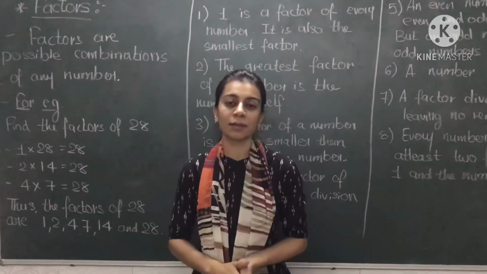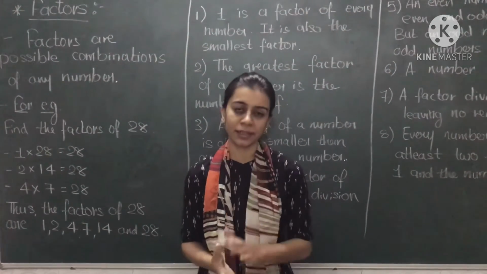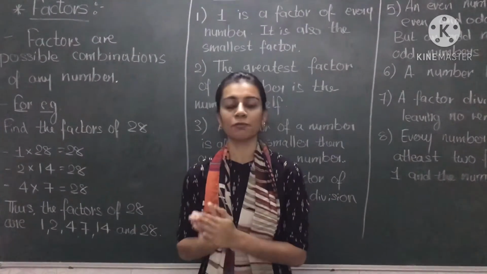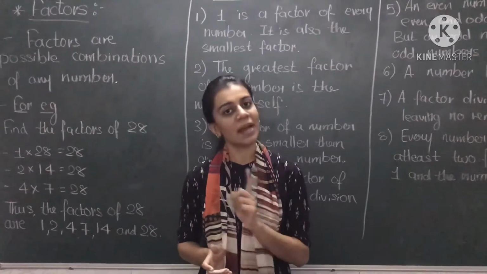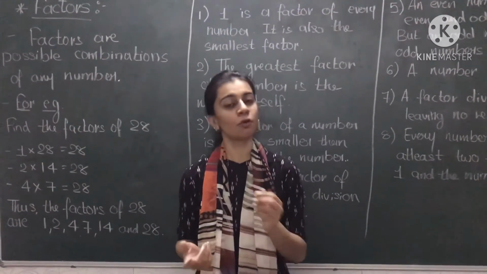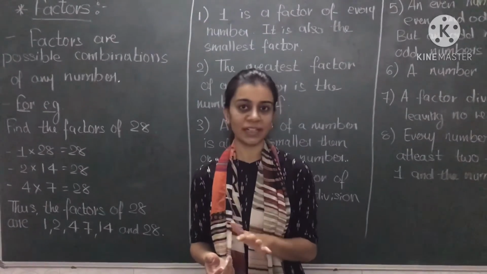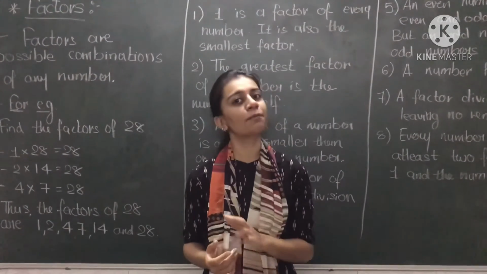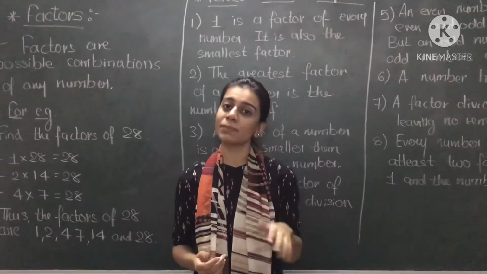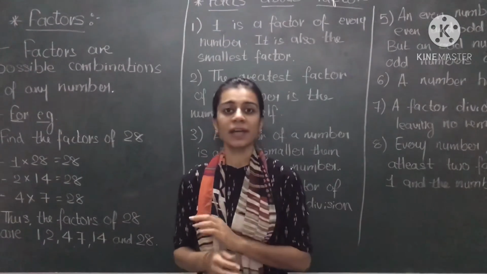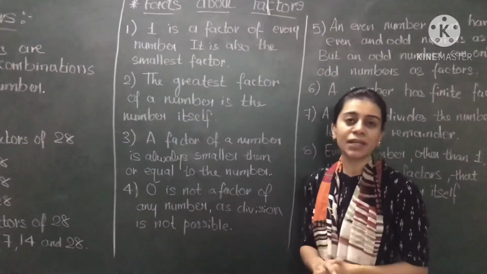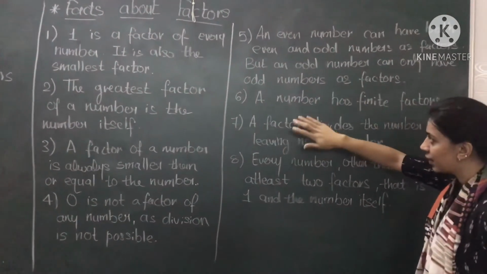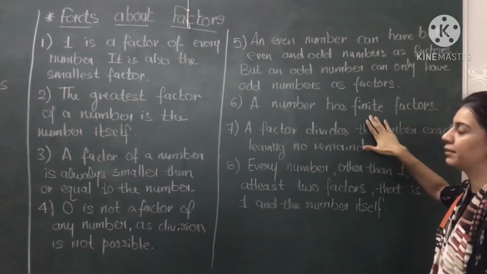But if you consider a number which is odd, for example, take 3. In the factors of number 3, the factors would be 1 and 3 only. Why? Because 3 comes in the table of 1 and in the table of 3, and it does not come in any other table. Now 1 and 3 are both odd numbers, no even number will come in it. So in any odd number the factors would not be even, but in an even number the factors can be both even and odd.